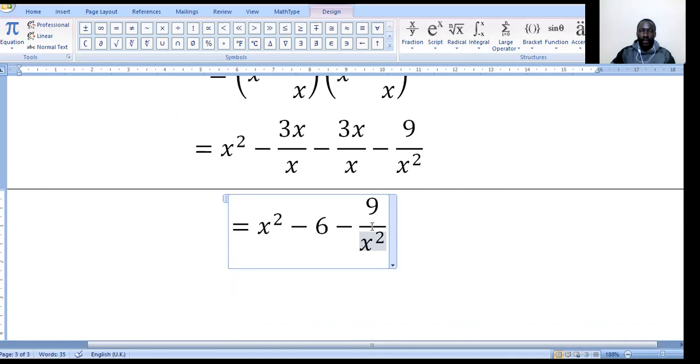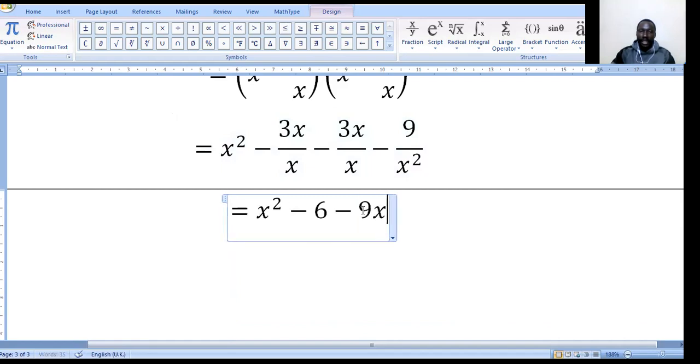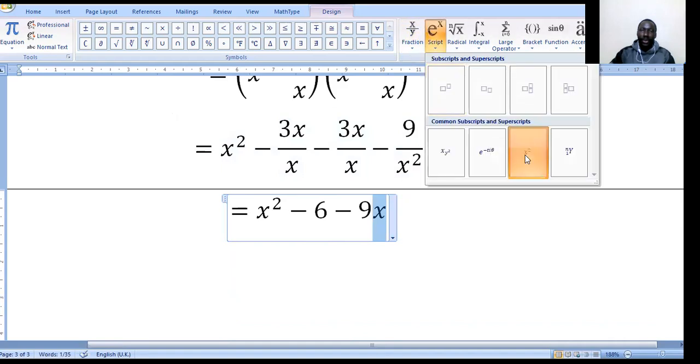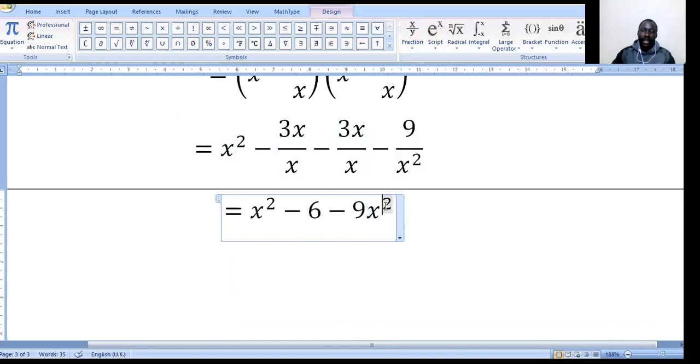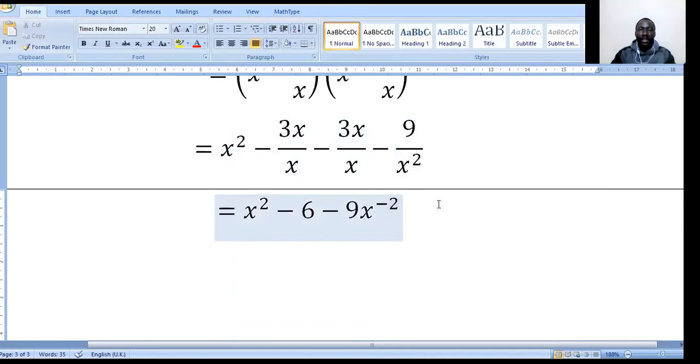All right. So now, instead of dealing with this 9 over x squared, instead of just copying it, since this is a step of simplification, let's simplify this. Let's take this x squared up, so that instead of having 9 over x squared, we just have 9 times x, but this time with the negative 2 as the exponent. So this way we can then simplify using the same formula. And what is the formula?